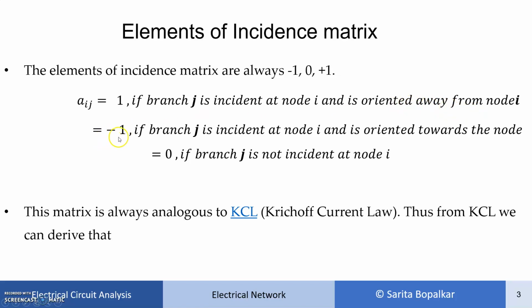It is -1 if branch J is incident on node I and its orientation is towards the node. And it is 0 if branch J is not incident at node I. We'll understand this when we actually draw or write the incidence matrix.